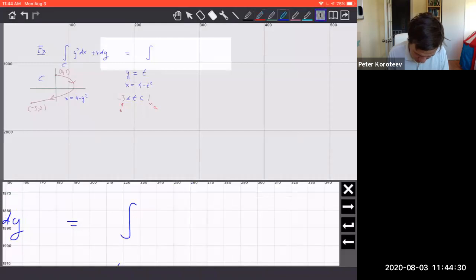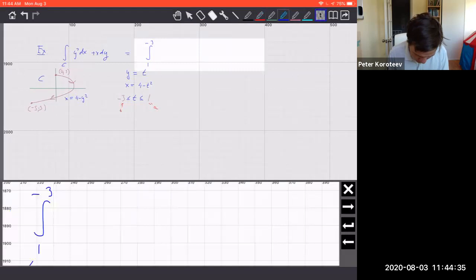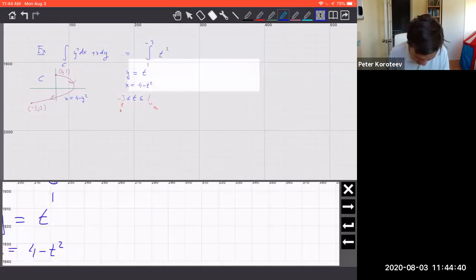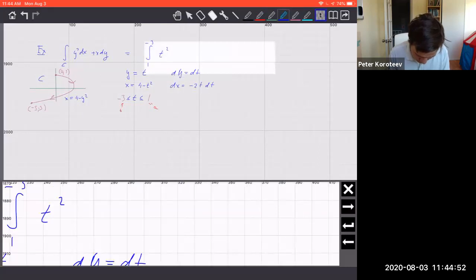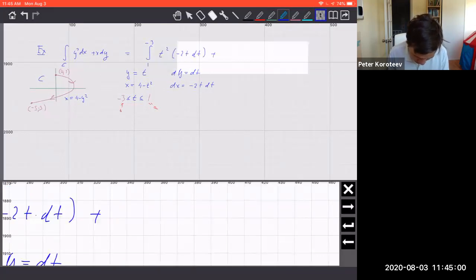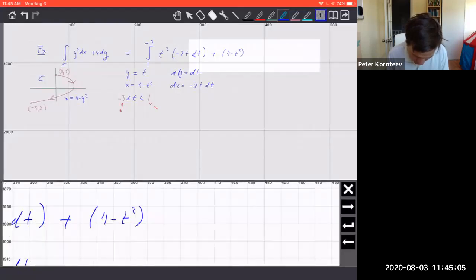So the integral is from 1 to -3 of t squared dx. Now dy is equal to dt, and dx is equal to -2t dt. And then plus x, which is 4 minus t squared, dy, which is just dt.